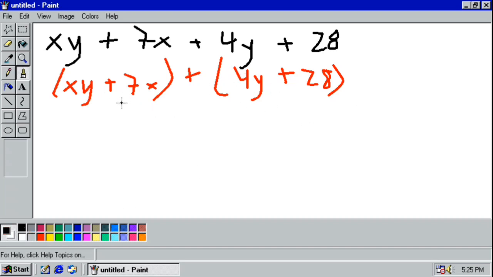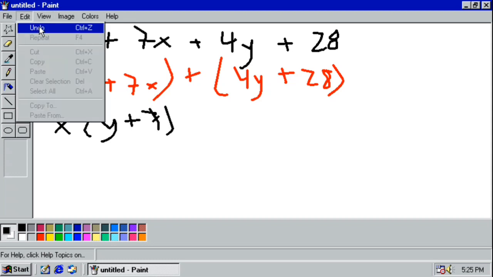Find the common factor of xy plus 7x, which is x. So xy divided by x is just y, because the x will cancel, and then 7x divided by x is simply 7.